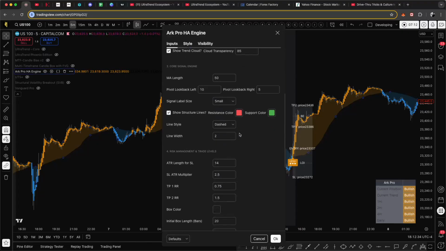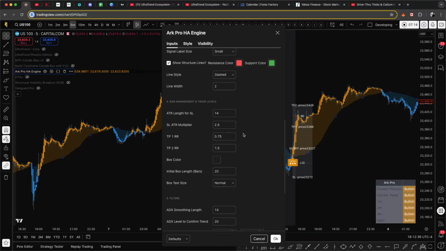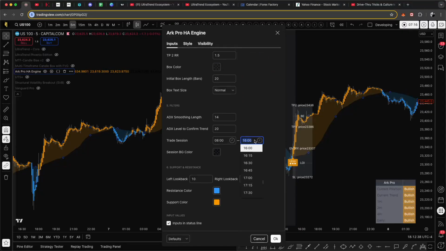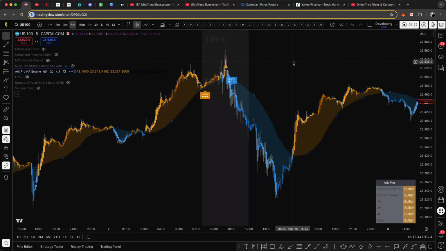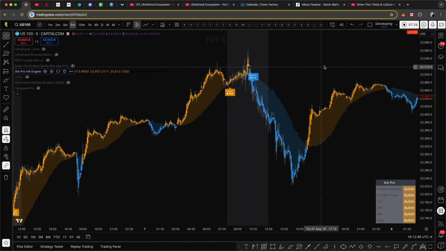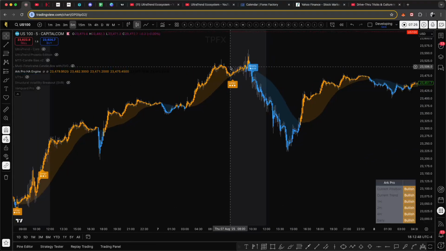I don't trade the entire New York session. I actually trade just the morning session, so less hours. Now you have fewer hours to trade, right? So my job is to look for a setup, look for an entry within this time.